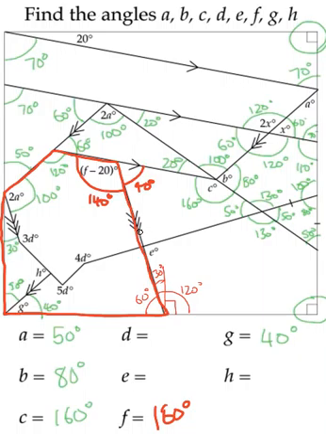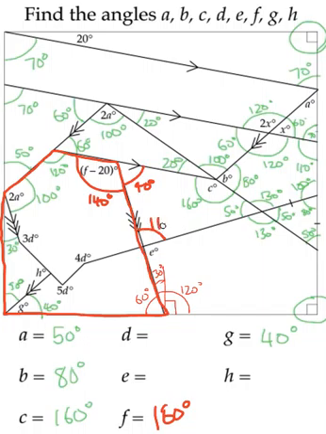That will help us work out this one from this quadrilateral here, and total internal angles of a quadrilateral add up to 360. So these add together to make 250, and 360 minus 250 is 110.